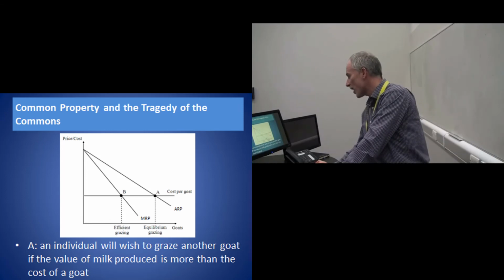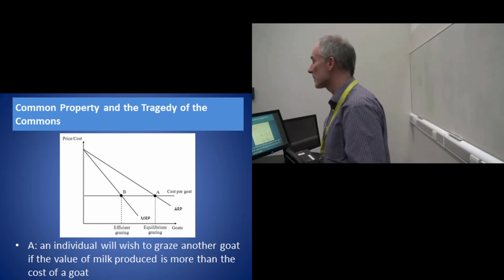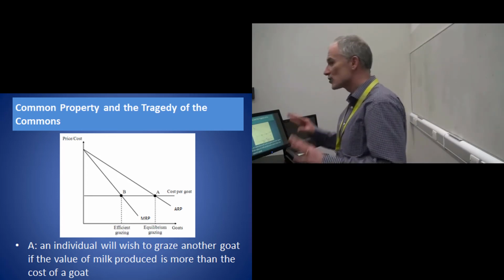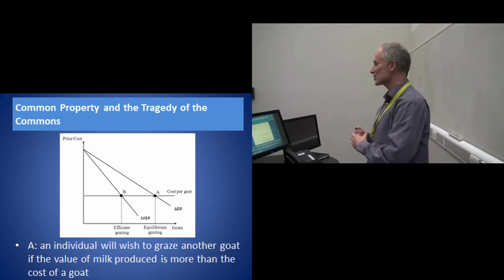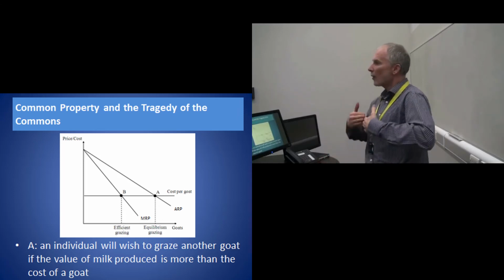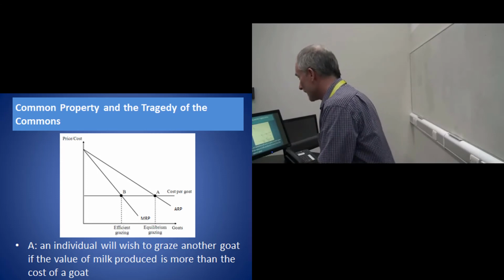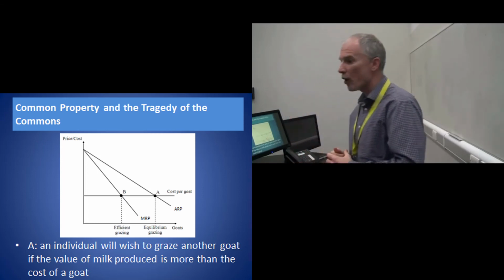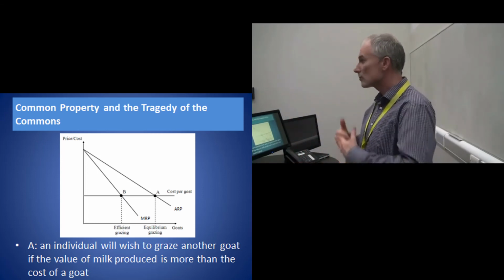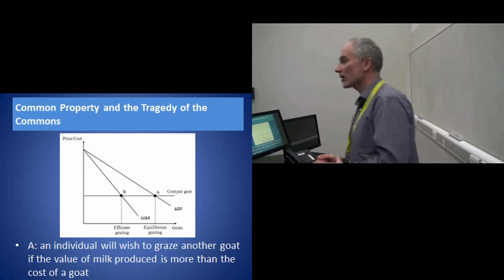That's reflected by that horizontal line there, which is the cost of buying a goat. I would only wish to put an extra goat on that land if the value of milk it can produce is greater than the cost of owning that goat.